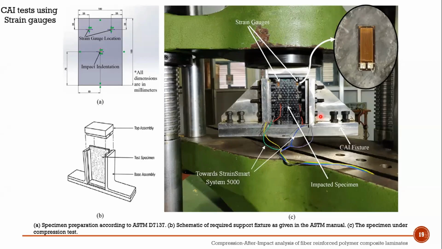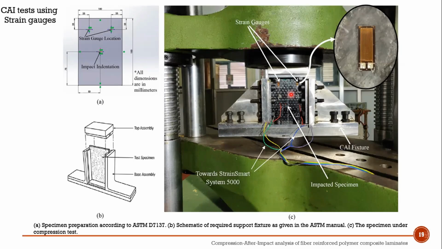These platens avoid global buckling of the specimen and ensure that the specimen is under pure compression. These are the real-time conditions we want to analyze, and we want pure compressive behavior of this damaged structure.